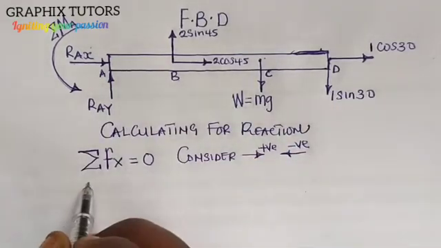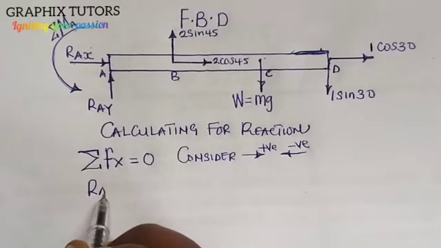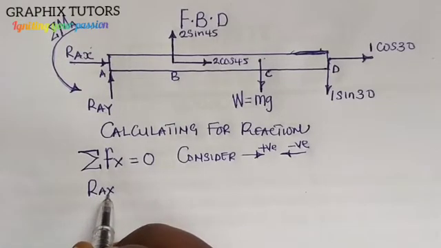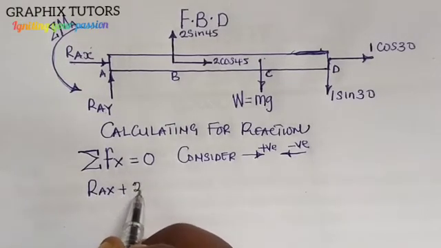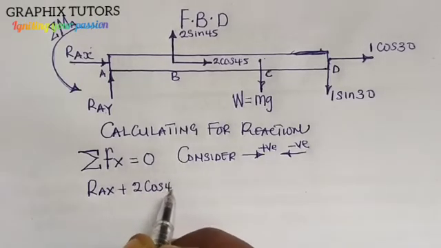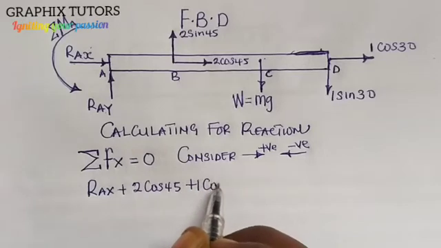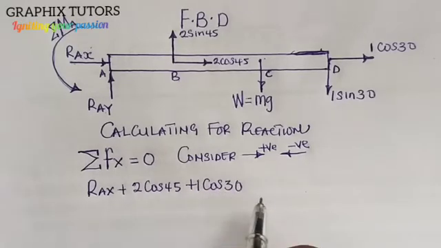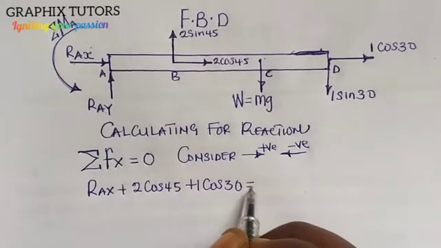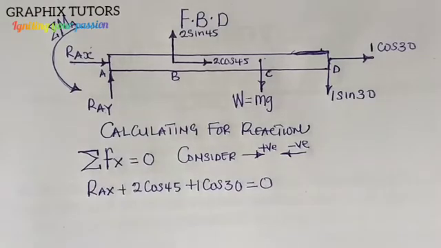So I'm going to have the ROAX, right, plus 2 cos 45 plus 1 cos 30 equals to what? 0, right?